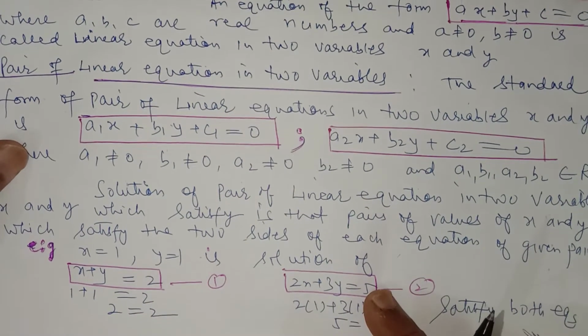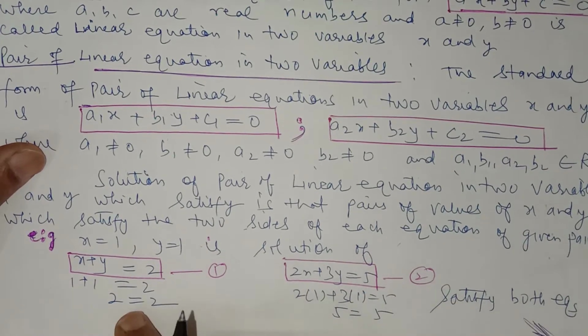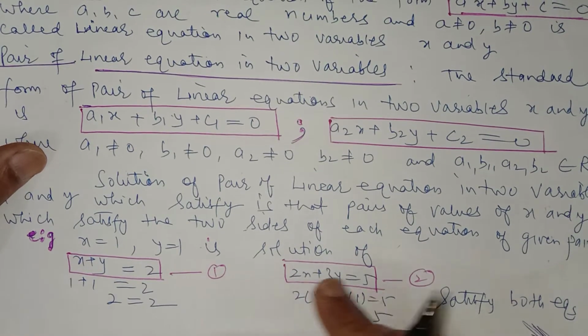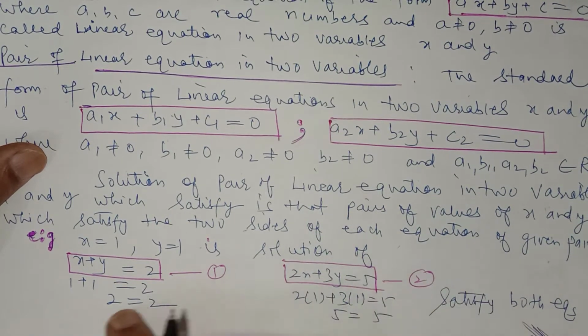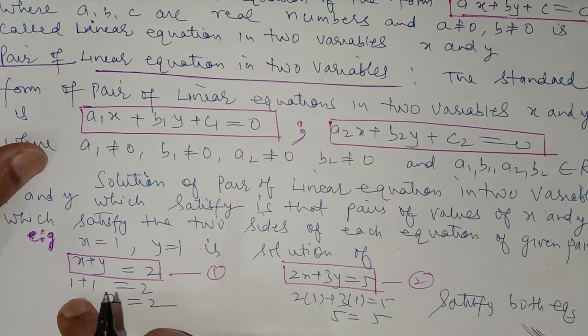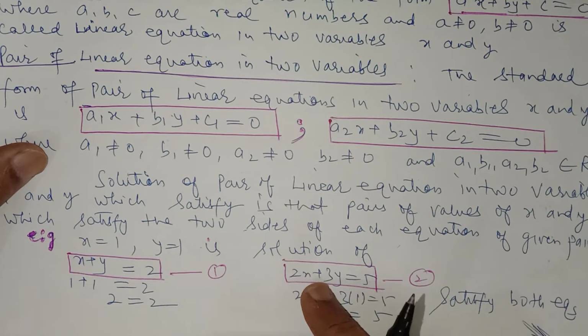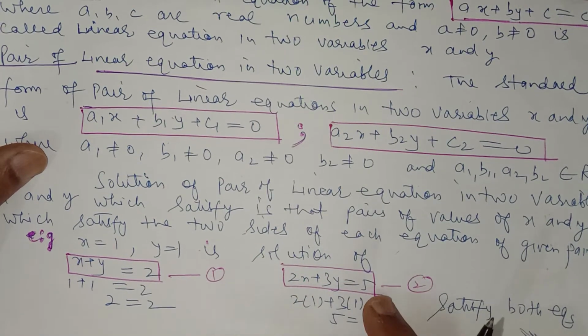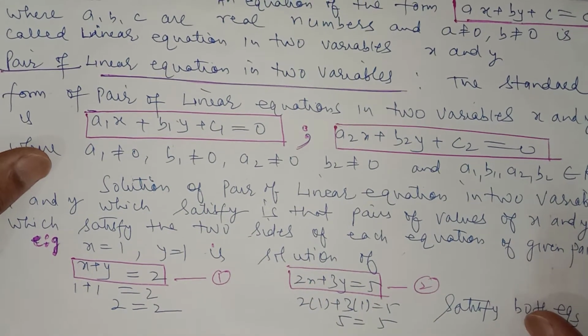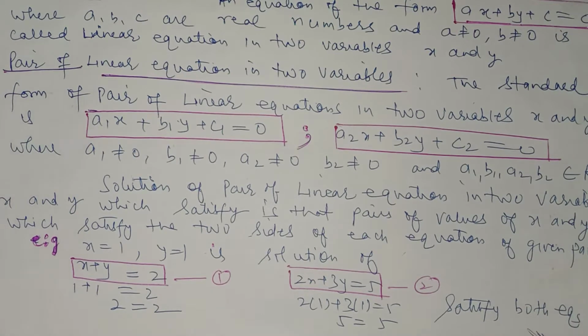The values of x and y which satisfy both equations are 1 and 1, that is, x is 1 and y is 1. Then 1 plus 1 equals 2, and 2 into 1 plus 3 into 1 equals 5, which satisfies both equations. This is known as the solution of a pair of linear equations. It must satisfy both the equations.